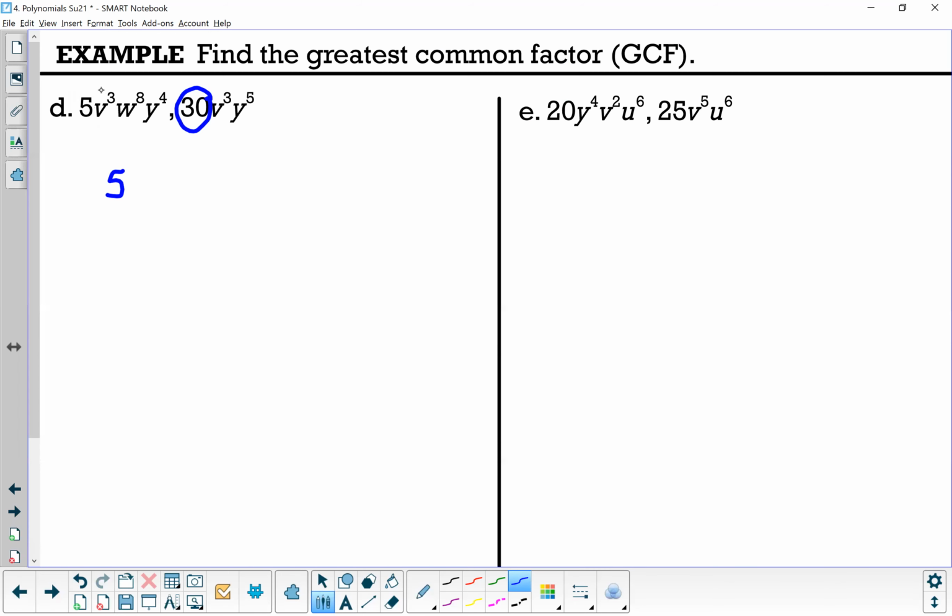Now we'll go to the variables, v. The way to find the greatest common factor for a variable is essentially to take the lowest exponent. Here, they're both v to the 3rd power, so that is part of our GCF.